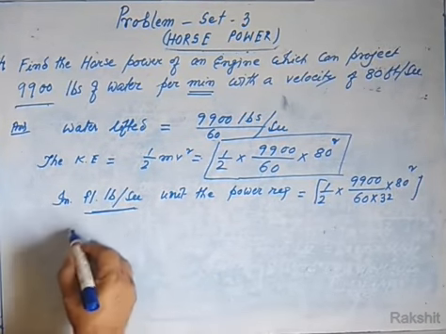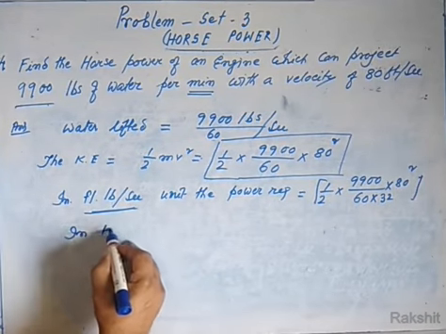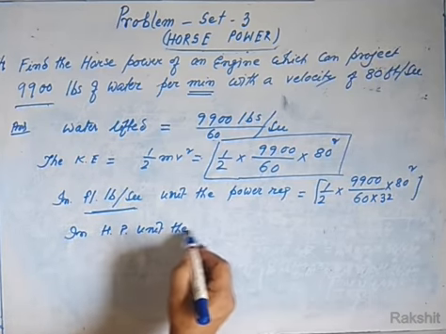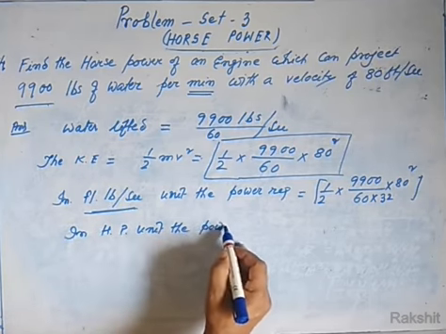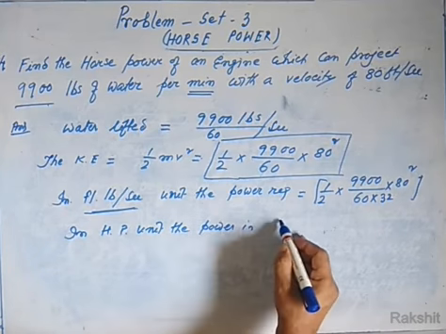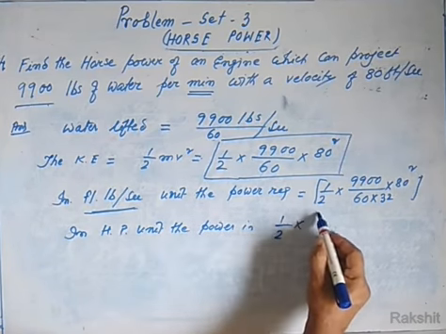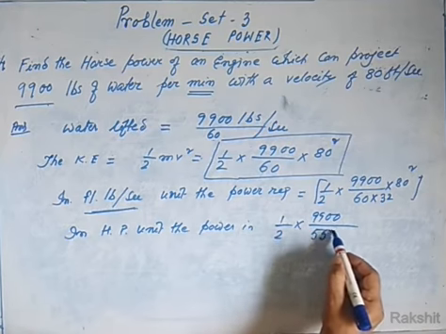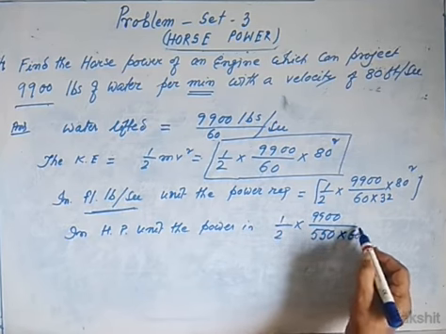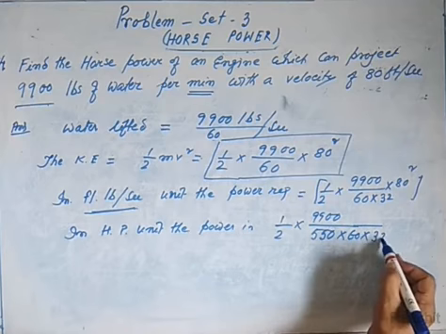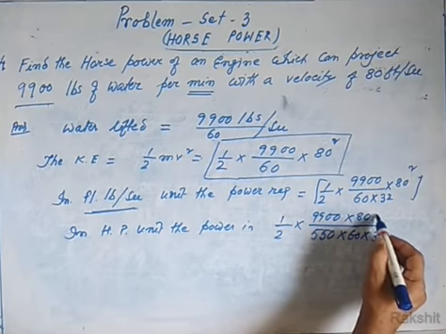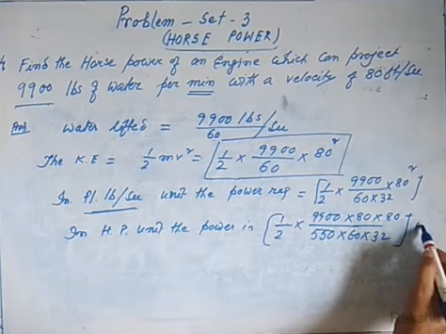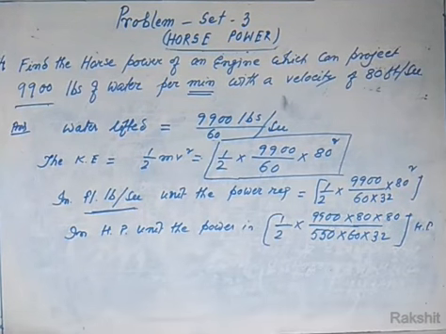In HP unit, the power is half into 9900 by 550 into 60 into 32 into 80 square, HP.